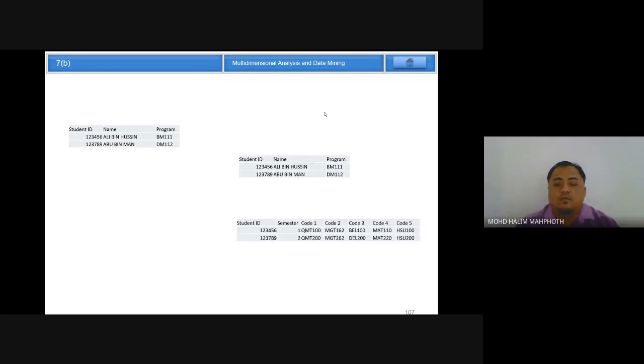You can see it from many sides. You can pull the student ID, the name of the student, the program, and from this student ID you can also go to their current semester and their subject code. All of this is what we call multi-dimensional analysis, being pulled from this data warehouse.